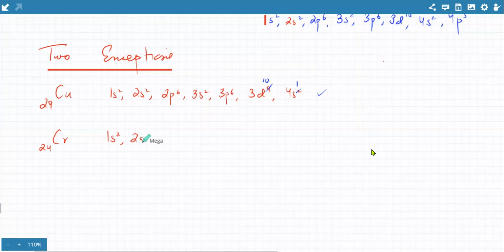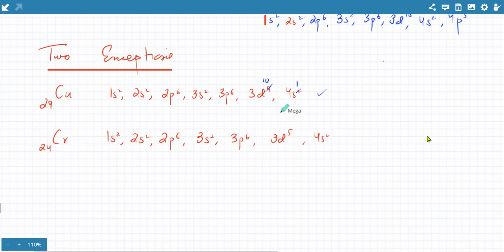So its electronic configuration is 1s2, 2s2, 2p6, then 3s2, 3p6, and the same thing, 4s2 and 3d4. But in reality, instead of having two electrons over here, there's one, and over here it's five. So these are the two exceptions.